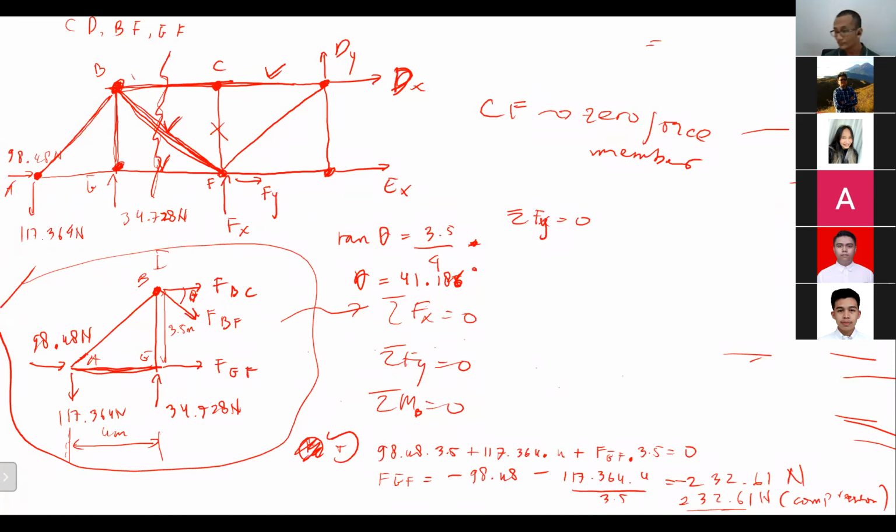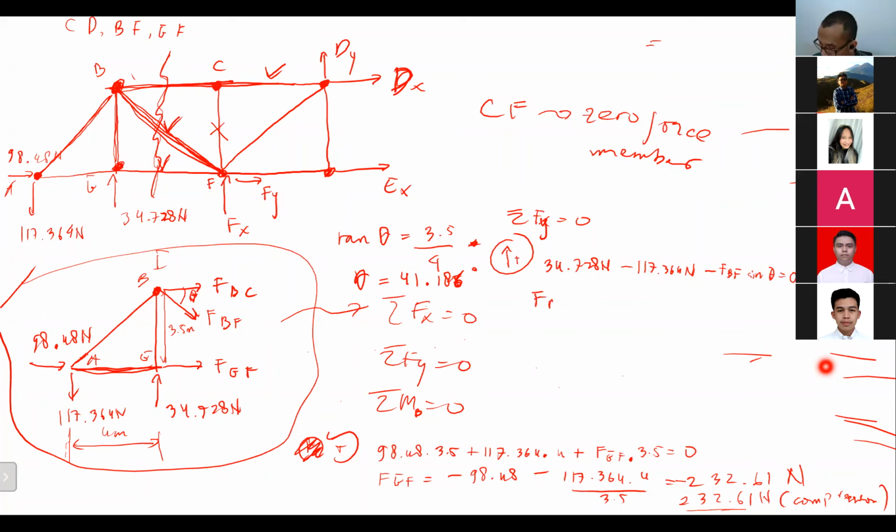Sigma Fy equal to 0, with going up positive: 34.728 Newton minus 17.364 Newton, minus FPF multiplied by sin theta equal to 0.